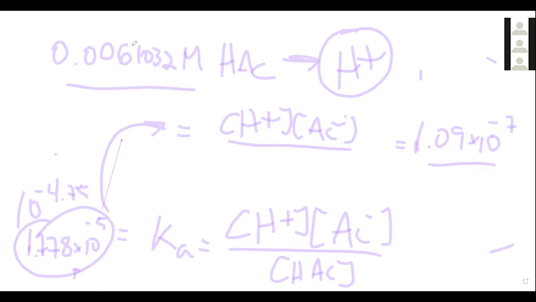Now, when acetic acid dissociates, it dissociates to H plus and acetate, so those two concentrations should be the same. So basically what we have is the concentration of H plus squared equals 1.09 times 10 to the minus 7. So what's the square root of 1.09 times 10 to the minus 7?